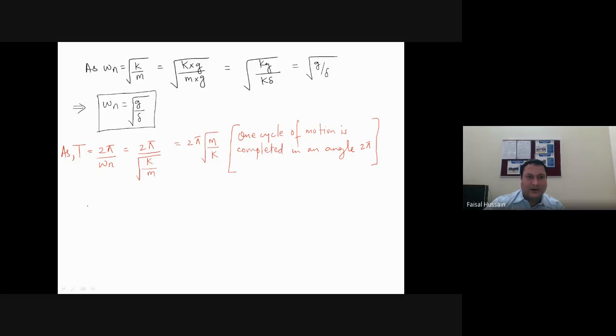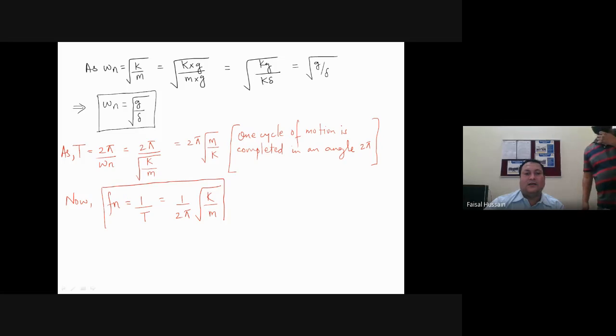Similarly, natural frequency fn is the reciprocal of what? Time period. So, if it is the reciprocal of time period, I can directly write 1 by 2 pi under root k by m. This is the natural frequency of the equilibrium method related to a spring mass system.